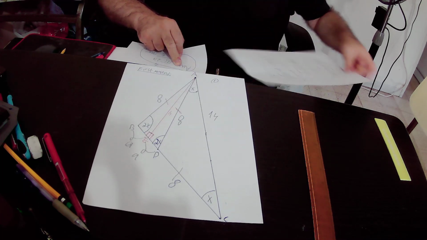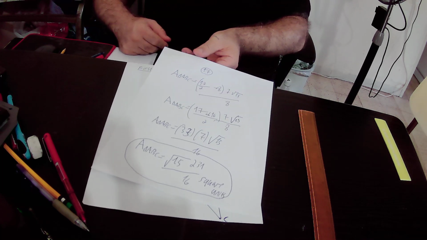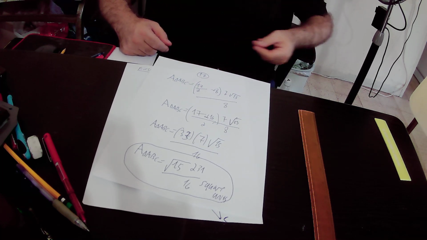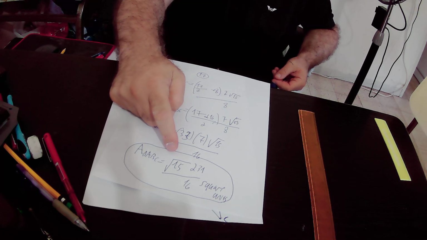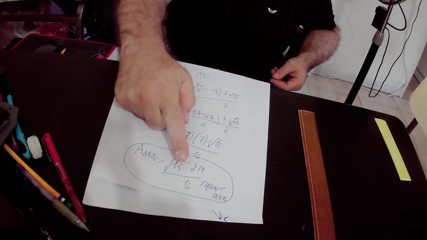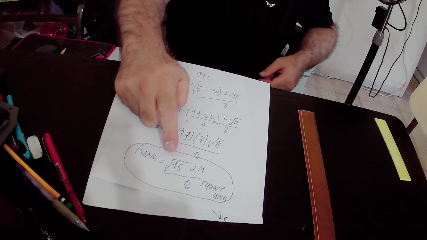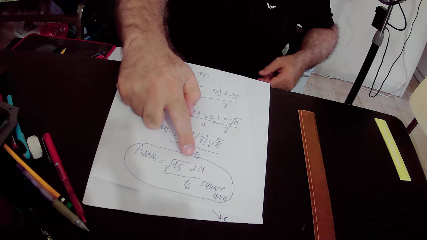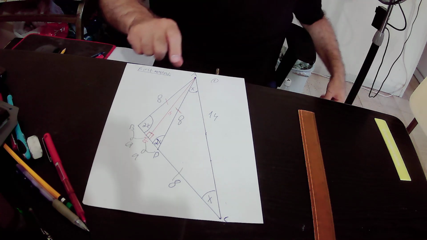So we found out that the area of triangle ABC equals root 15 times 231 over 16 square units. Again, the area of triangle ABC equals root 15 times 231 over 16 square units. Okay, that was the first method to find the area of triangle ABC.